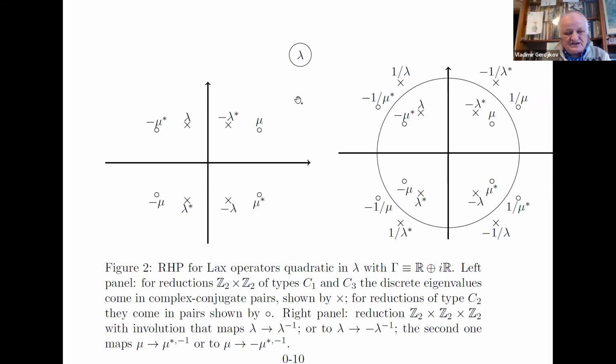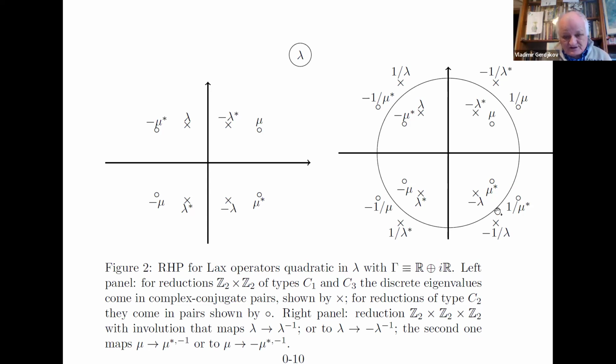And you see that here we have actually two involutions. One of them takes lambda to minus lambda. And the other one takes lambda to minus lambda complex conjugate, and lambda to lambda complex conjugate. Okay, so you see that here we have discrete eigenvalues, which are forming rectangles.